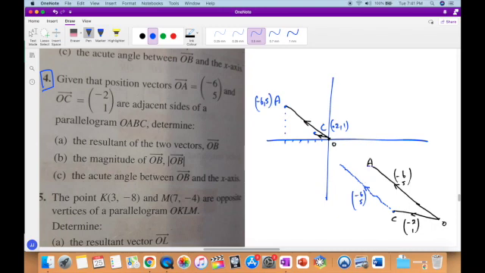And then I'll make a side parallel to OC. This side will be negative 2, 1, because it's parallel to OC, so it's parallel and equal. So that gives me my parallelogram, and that gives me the point B over here. And now we can see that I have this position vector, which is the resultant, OB.